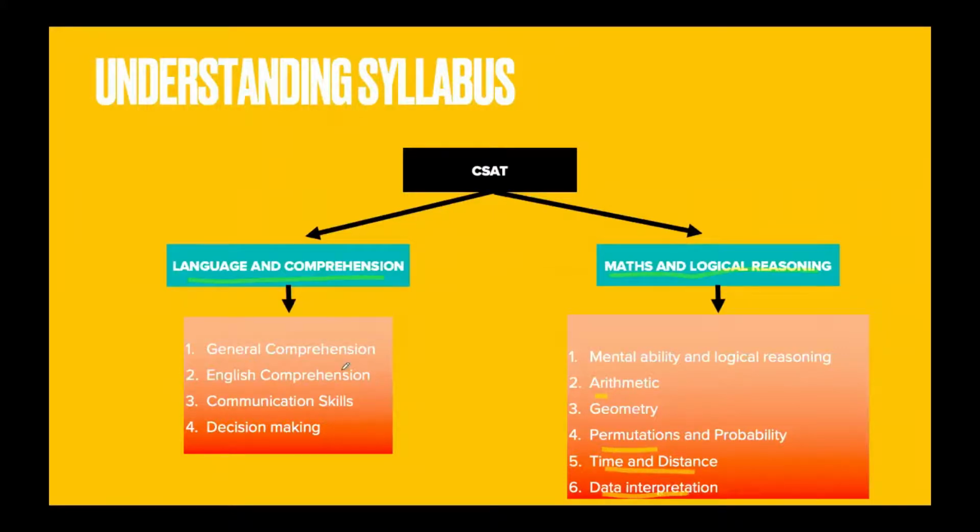On the other hand, people with a humanities background are generally good with communication skills, English comprehension, and general comprehension. Therefore, you must be able to identify your own strengths and weaknesses, and based on that, you can customize your strategy.